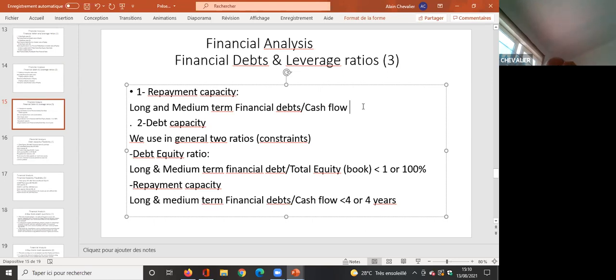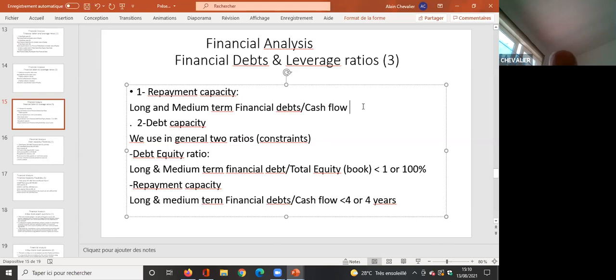It means your long and medium term financial debt should not be more than 4 times the present cash flow. Between 4 years of cash flows at the present level is the limit accepted or acceptable for your long and medium term financial debt. And both criteria should be met.